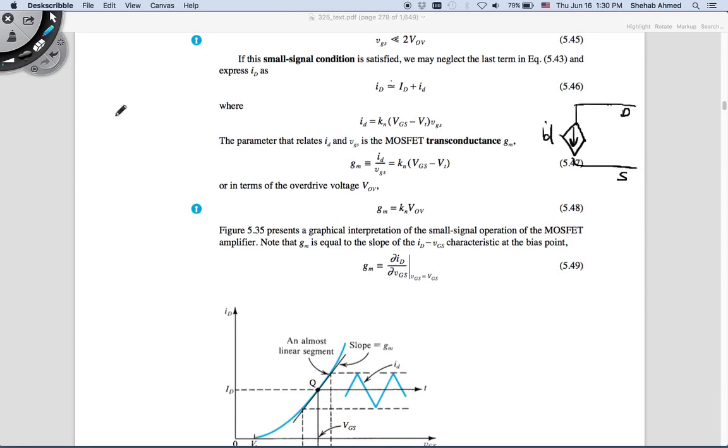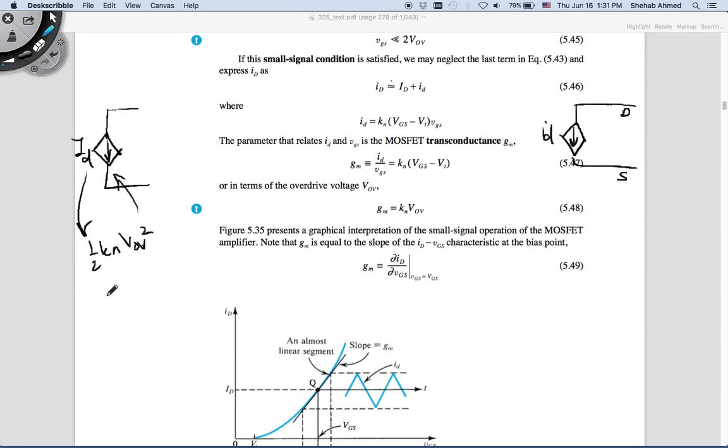Before that was equal to, if you were talking about DC operating point only, then this was my ID current, which was in saturation equal to half Kn VOV squared, right? And then we included the small signal effect with this in the last example, and now we are splitting them.